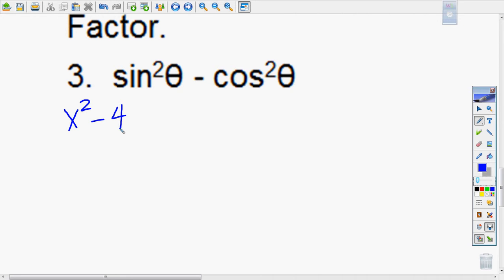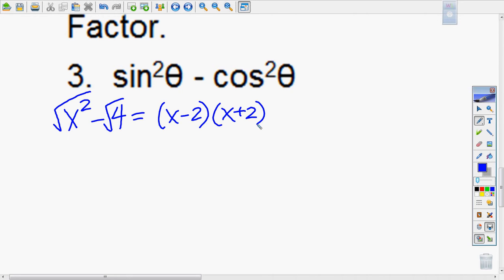So I take the square root of each one, and I end up with x minus 2 times x plus 2, because I'm undoing that difference of 2 squares. Do we see that? And the opposite of squaring something is to square root, right?